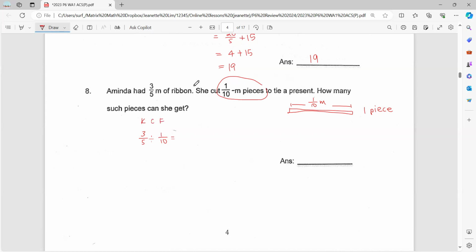Okay, so we keep 3/5, change divide to times, flip 1 over 10 to 10 over 1, then solve. You multiply, you can simplify the top and bottom, divide by 5 here, divide by 5 here. So 3 times 2 is 6, 6 over 1, which is just 6. Okay, so answer 6 pieces.